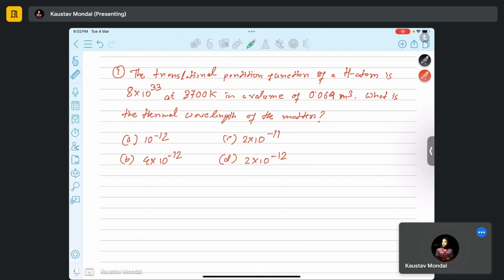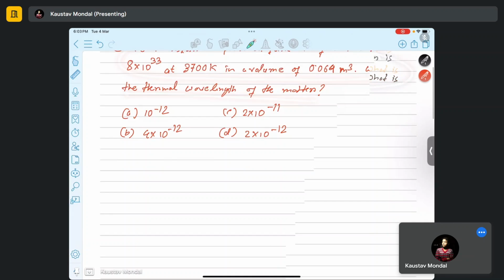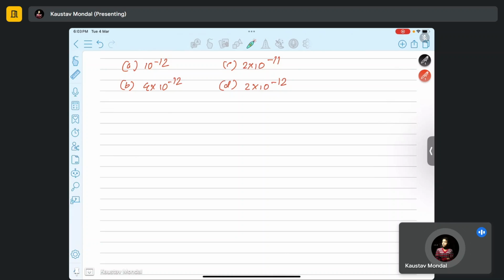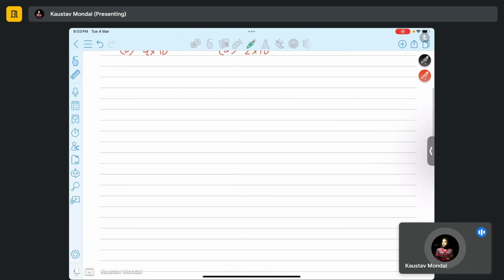So basically a single hydrogen atom contained in this volume at 3700 Kelvin, with the translational partition function value 8 into 10 to the power 33. From this information we have to calculate the thermal wavelength of that matter. Before solving the problem, let me briefly discuss some concepts about the thermal wavelength.